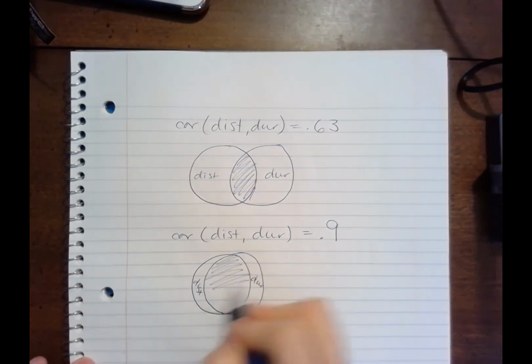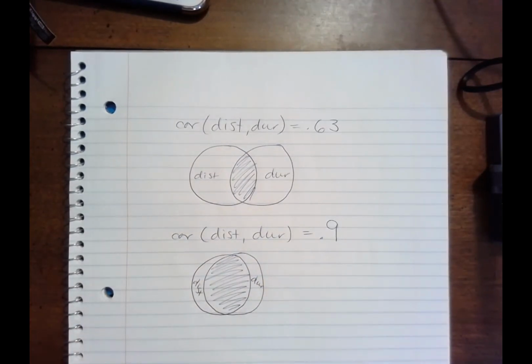Now that their correlation is higher, they overlap a lot more. They're contributing more of the same things to the model, and they really don't contribute that much that's unique. So as the correlation between two variables gets higher, it might be time to start thinking about removing one of those two variables because it's redundant.